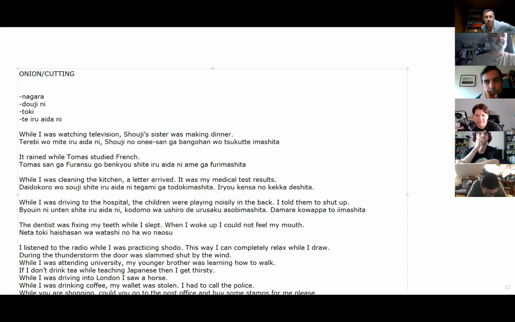To cure, to heal. Okay. Naosu. So was fixing. Could we do the present continuous form with past at the end? Yeah. So naosu, naoshite iru deshita? Naoshite.